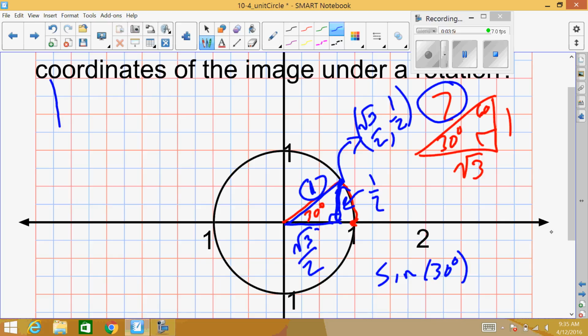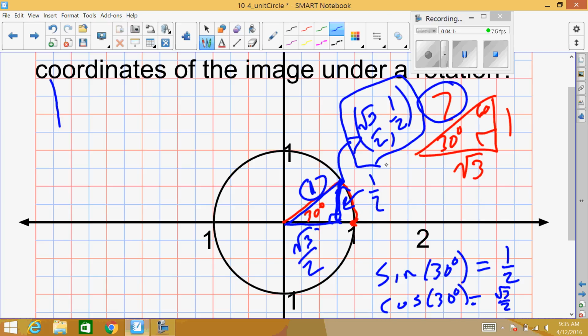No matter where my 30-degree angle is, it's always going to have the same sine. So opposite over hypotenuse, sine of 30 degrees is 1/2. Cosine of 30 degrees is square root of 3 over 2. So hopefully we noticed that those are in our point.